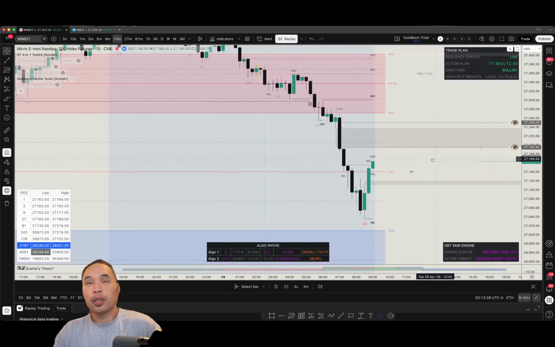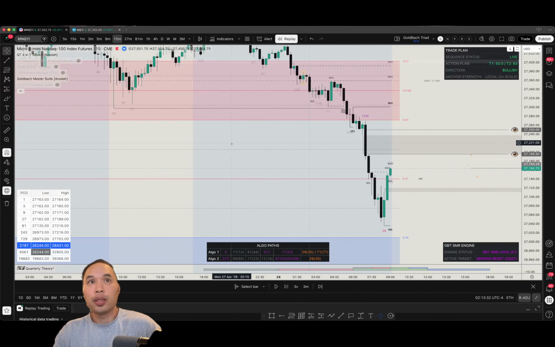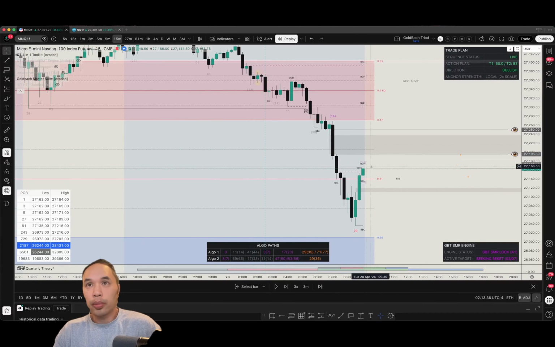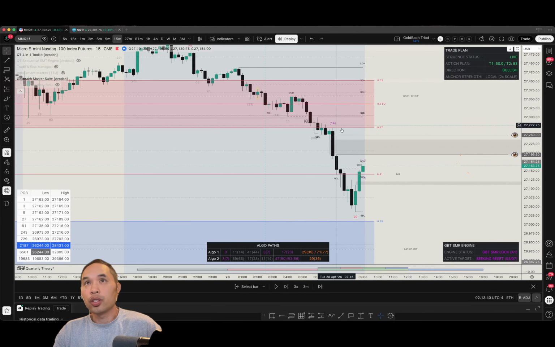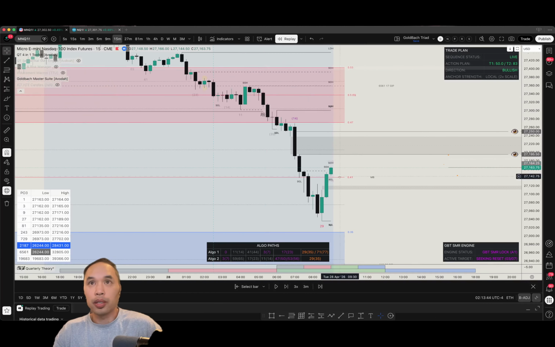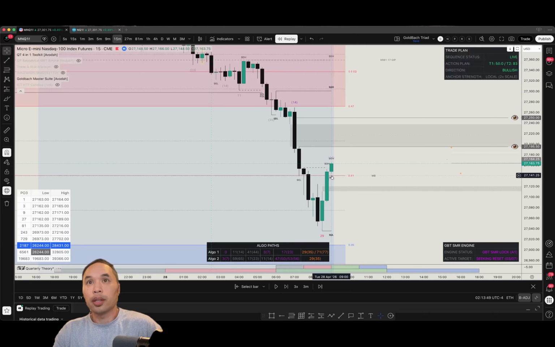So in this 15-minute, this gap was in line with this mid-level for this Goldbach level, right? Because we know that within Goldbach, price moves from level to level, and then depending on which flow gate it's in, it depends on what it does. But essentially, on the higher time frame Goldbach levels, price will oscillate from level to level.